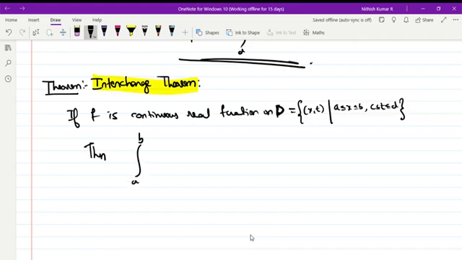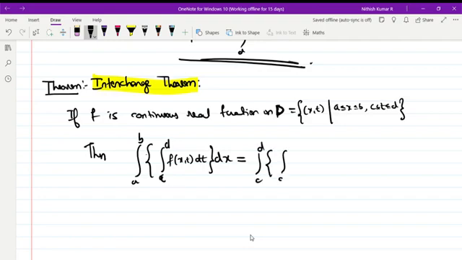Then integration a to b of integration c to d f of x comma t dt, into dx, is equal to integration c to d of integration a to b f of x comma t dx, into dt.